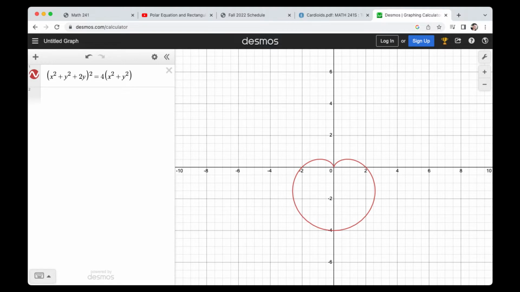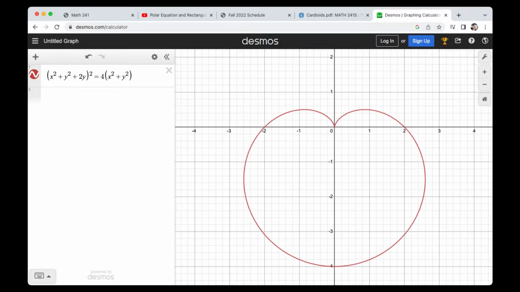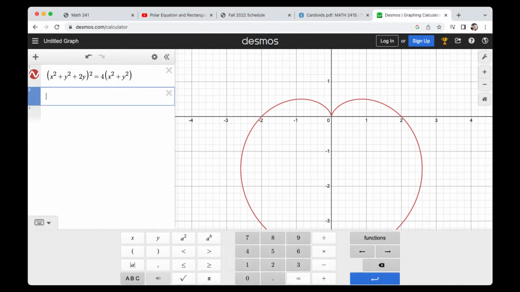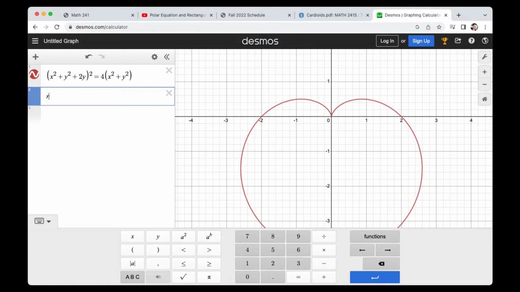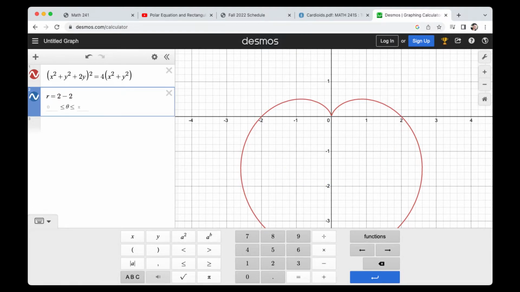Sure enough, ladies and gentlemen, what do you guys see? Yes, exactly. You see a cardioid. Oh my God. But then you say, is this the same as r equals 2 minus 2 sine theta?